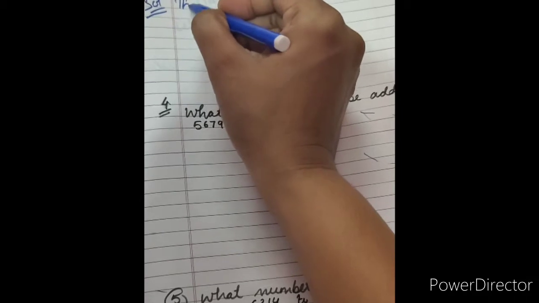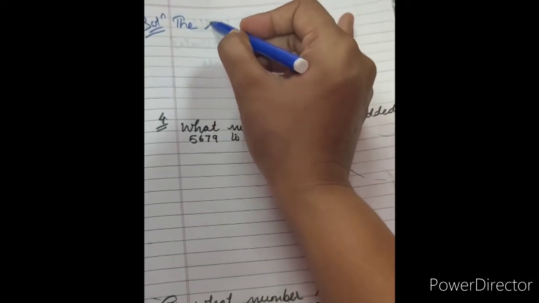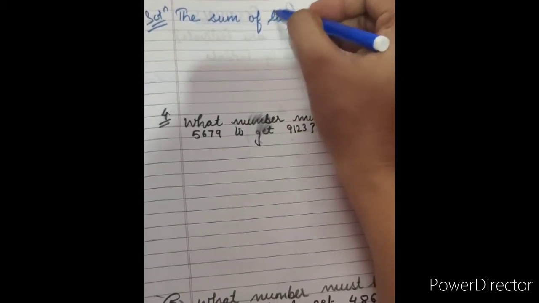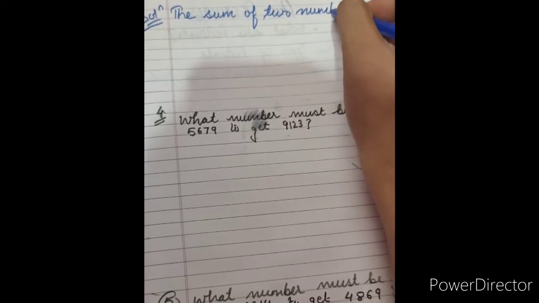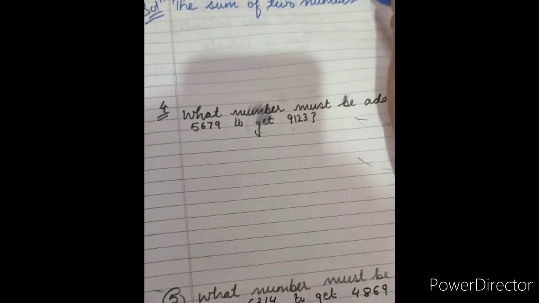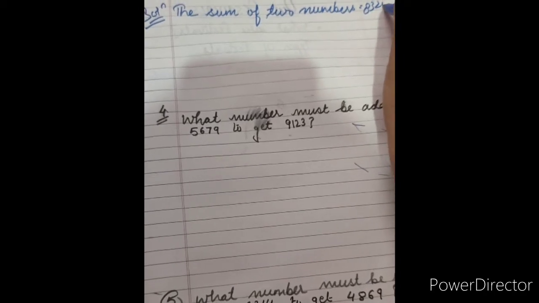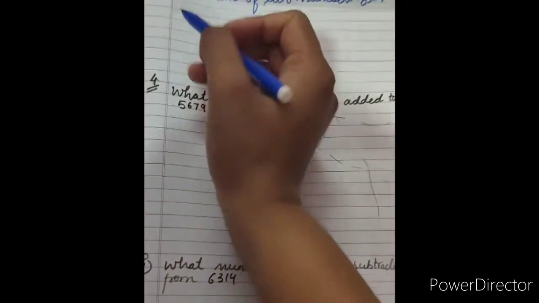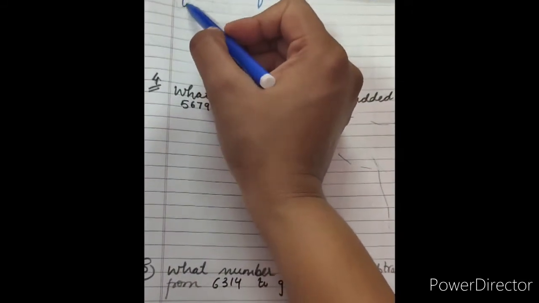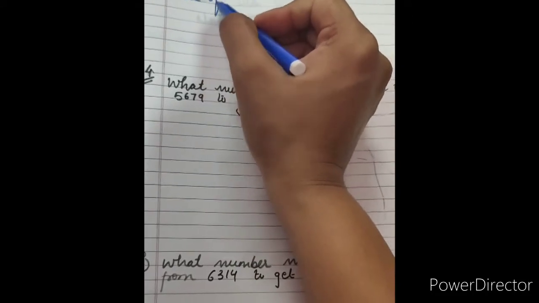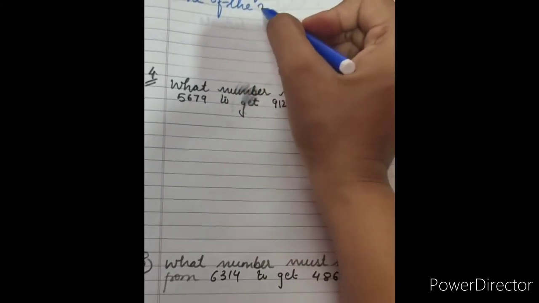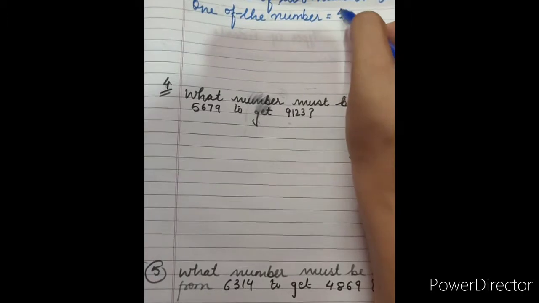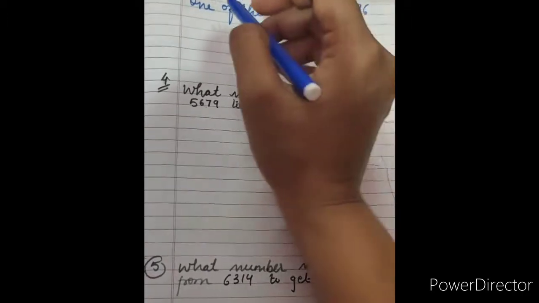The sum of two numbers is 8324, and one of the numbers equals 5896.